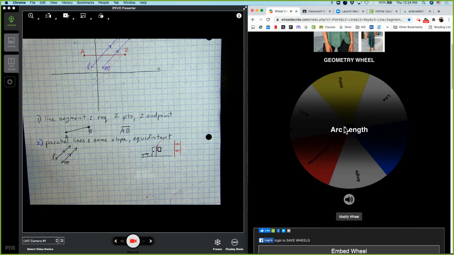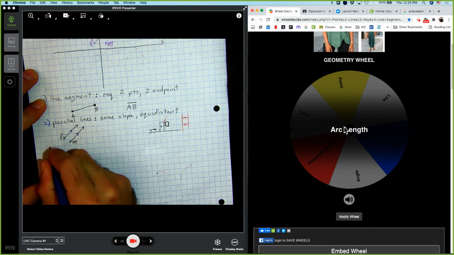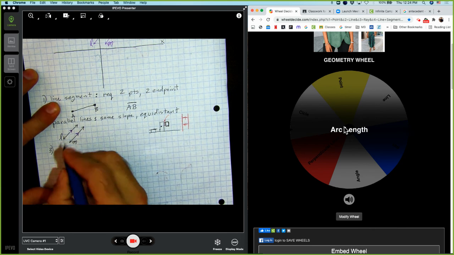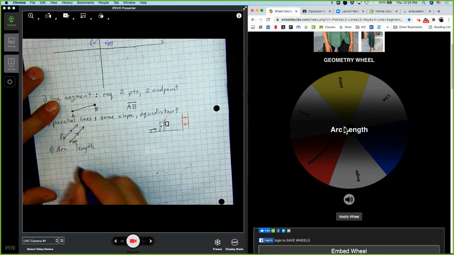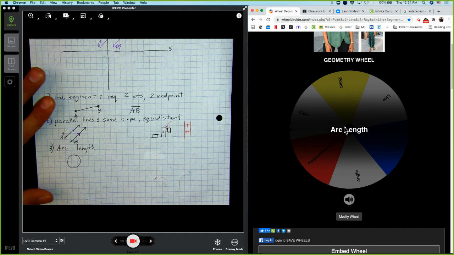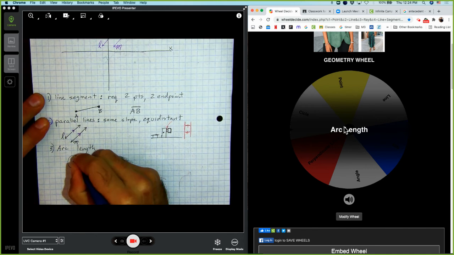Arc length. Okay. And I hope that circle is next because it's kind of related to circle. I want you to go ahead and write arc length. And if I'm talking about an arc length, if I have a circle, right? The arc length is like the crust of a pizza.